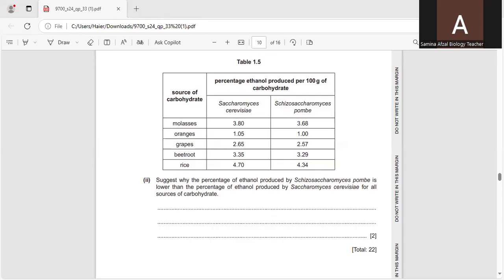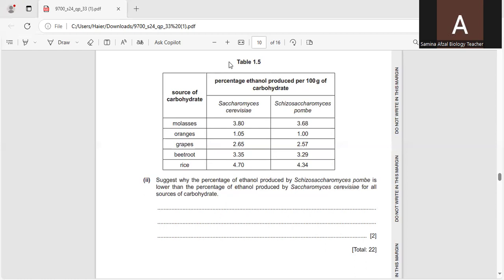Now the question is: suggest why the percentage of ethanol produced by Schizosaccharomyces pombe is lower than the percentage of ethanol produced by Saccharomyces cerevisiae for all sources of carbohydrates. So why is it different? The S. cerevisiae and the S. pombe work on different types of sources of carbohydrates.